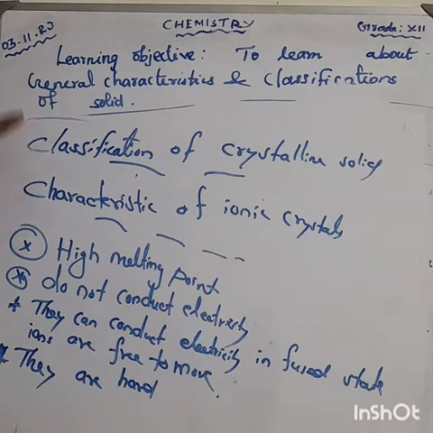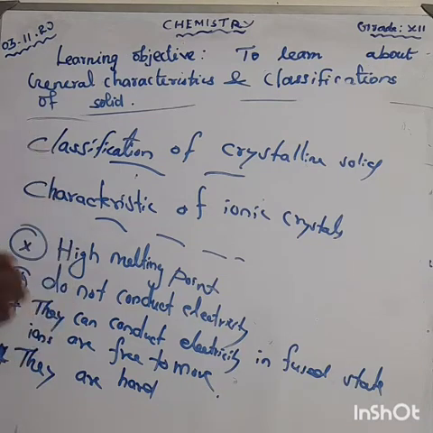Anyhow, what is the first point? Ionic solids have a high melting point. What is the second point? These solids do not conduct electricity, because ions are fixed in their lattice position. What's the third point? They do conduct electricity in the molten state, or when these ionic solids are dissolved in water.